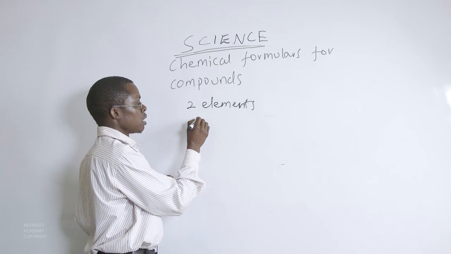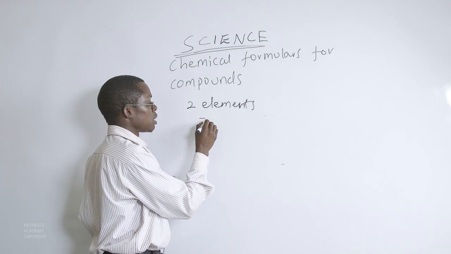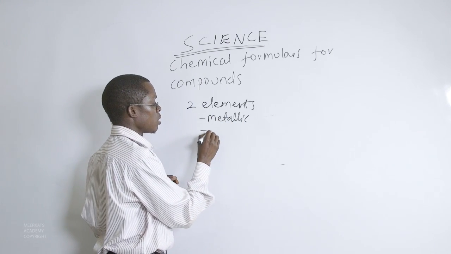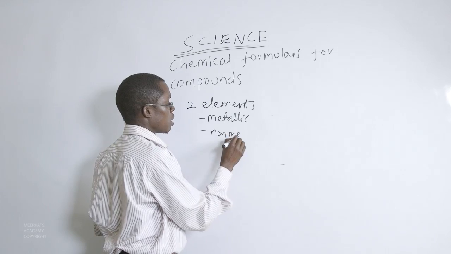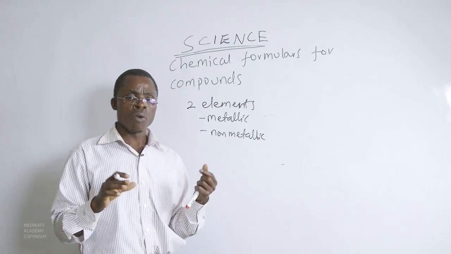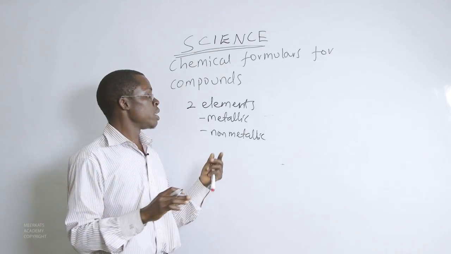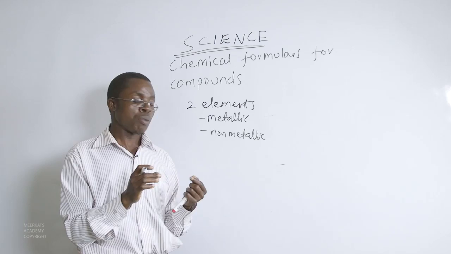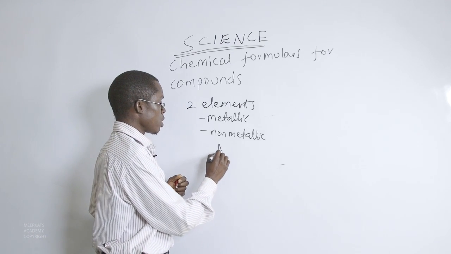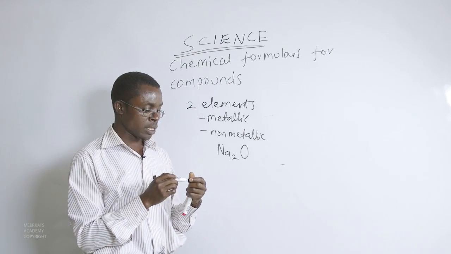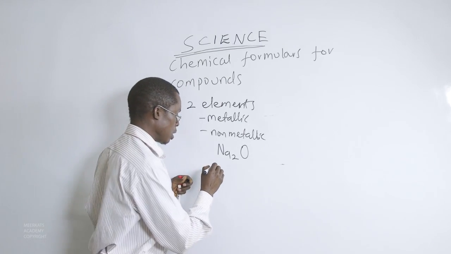In these 2 elements, the first one is metallic and the second one is non-metallic. Now, a review of how we did the naming. The name of such a compound, if I can pick on what I've just heard, is sodium oxide.